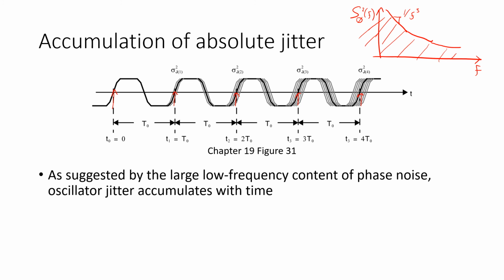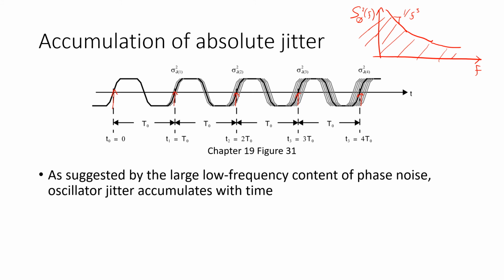And that's because you're looking at lower and lower frequency components of the phase noise, and we've seen that the very low frequency of the phase noise increases without bound. Now in the limit, if you waited for days, weeks, months, or years, the edges would become really unruly and would be very far away, most likely from where you expected them to be. At some point, you've waited so long that this becomes indistinguishable from simple drift or aging of the circuit.